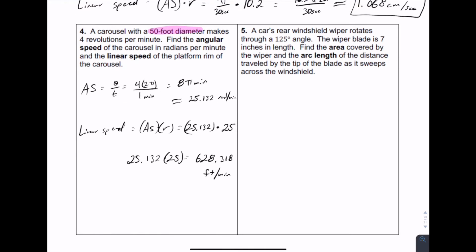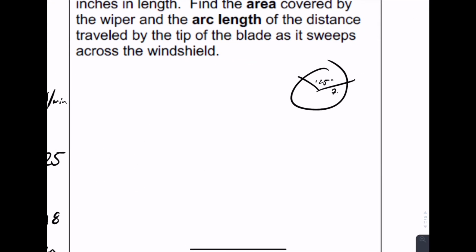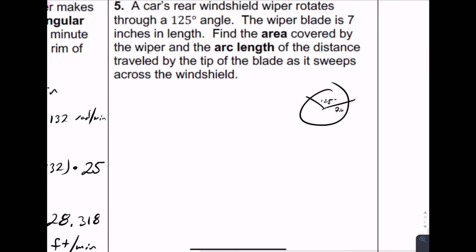So finally, a car's rear windshield wiper rotates through a 125-degree angle. So we can even draw what's going on. So we know that this car just kind of does this at 125 degrees. The wiper blade is 7 inches in length, so 7 inches. Find the area covered by the wiper and the arc length of the distance traveled by the tip of the blade as it sweeps across the shield.